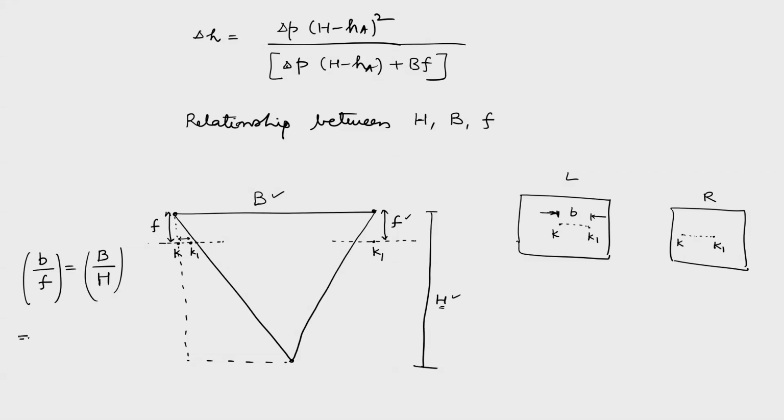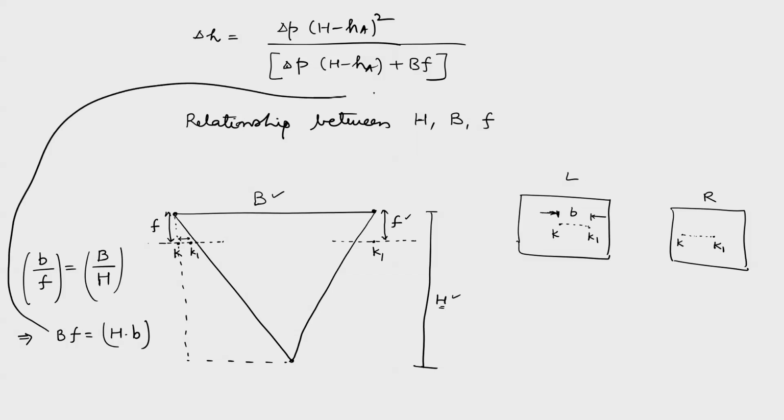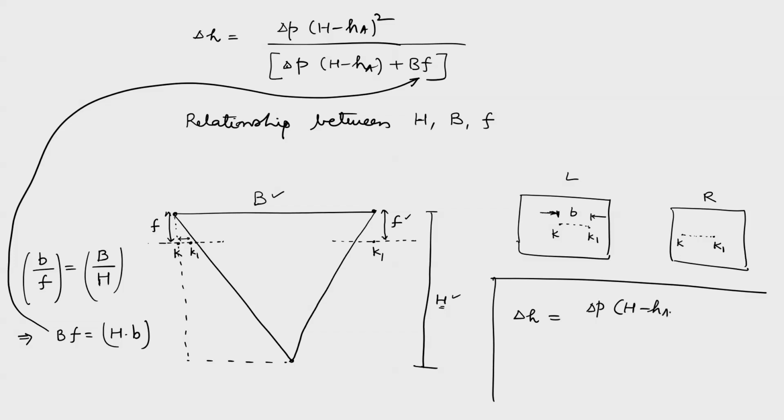As a result, now I can write that B into F is equal to H into b here, and now I can replace this term in this expression, and I can reduce one variable. So, what is the final result here? That delta H is equal to delta P into (H minus H A) square divided by delta P into (H minus H A) plus H into b here.